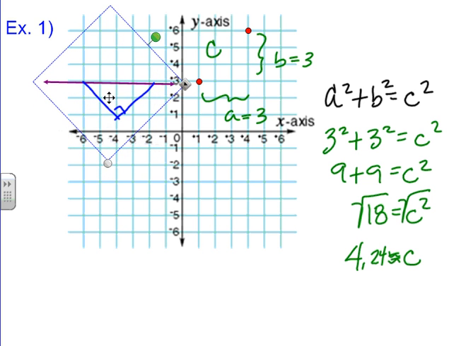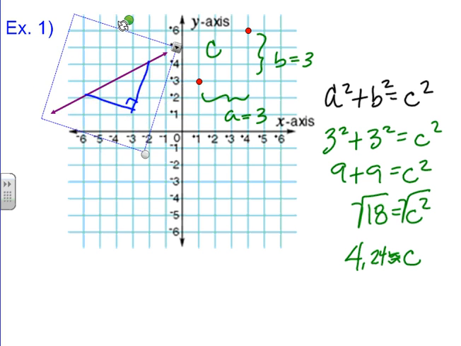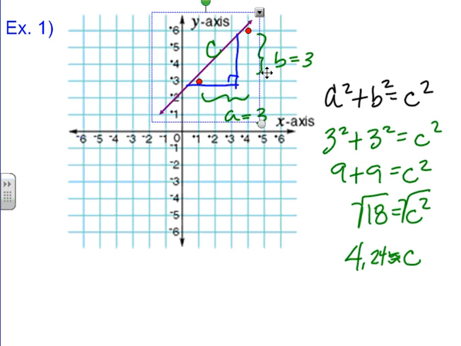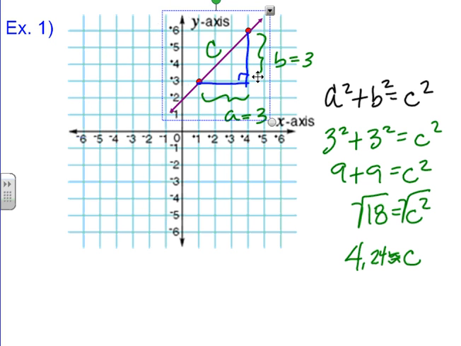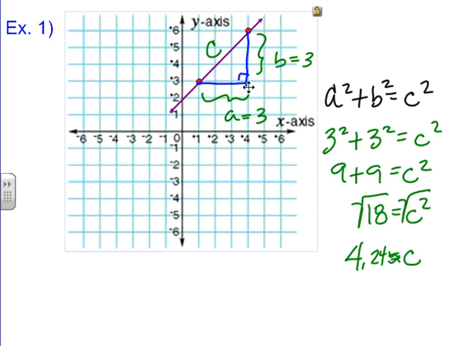From corner to corner it measures 1, 2, 3, 4, and a little bit more. So that approximation, 4.24, is correct. Even though when we looked at it over here it didn't look that way and looked like it measured 3, because it's not going through the middle of those squares, it's actually a little bit more.